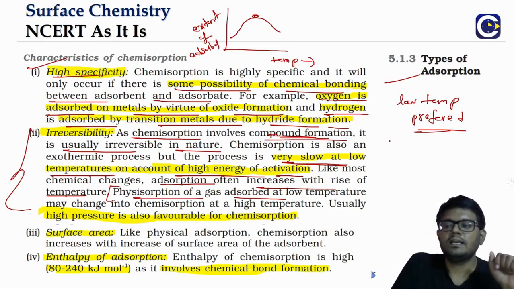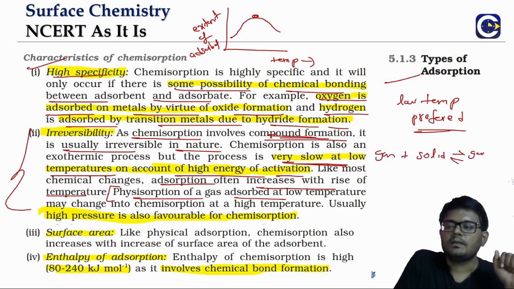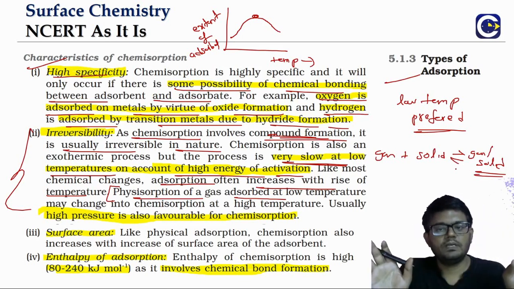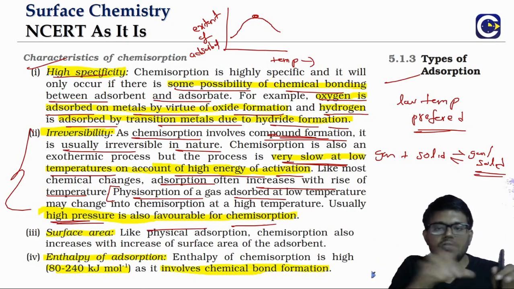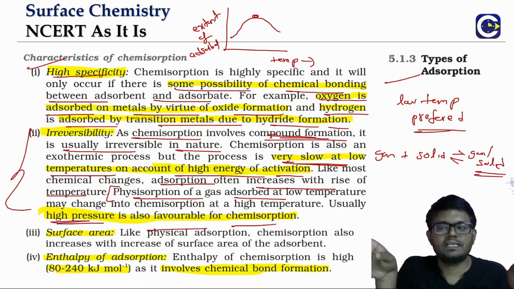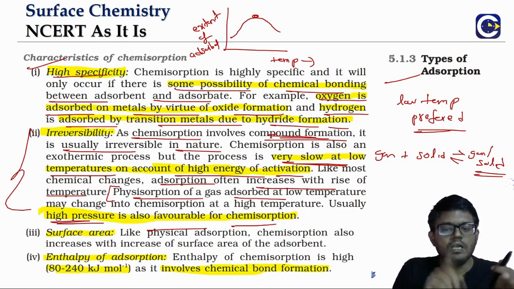Just like the physical adsorption, here also, gas plus solid gives rise to the gas on the solid. Pressure concept is the same. Le Chatelier principle: high pressure will move the reaction in the direction where the number of gas particles is less, which means it will move in the forward direction. So for chemical adsorption also, high pressure is favorable.